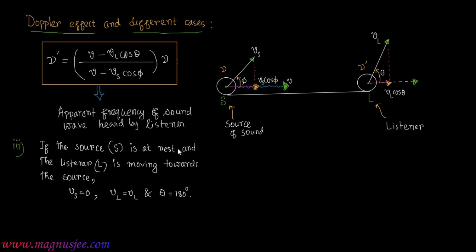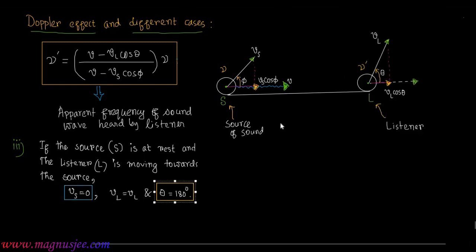Theta is the angle between the direction of motion of the listener and the direction of sound wave propagation.